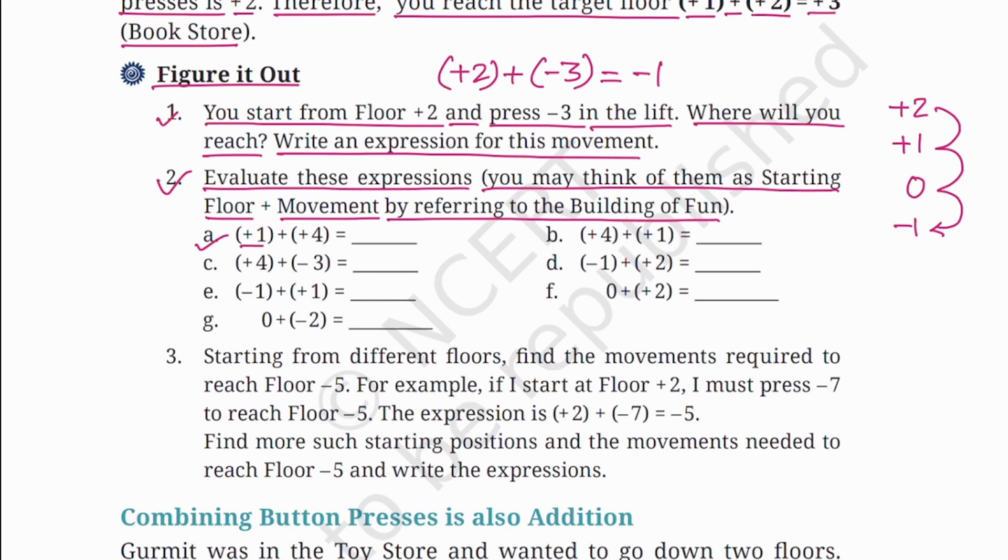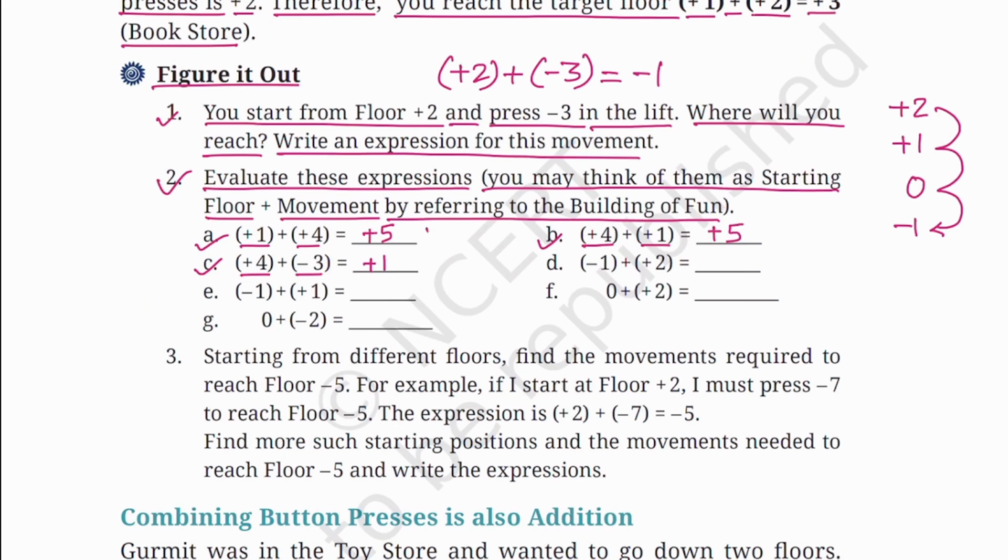A: plus 1 plus 4 will give plus 5. B: plus 4 plus 1 will also give plus 5. C: plus 4 plus minus 3 will give you plus 1.